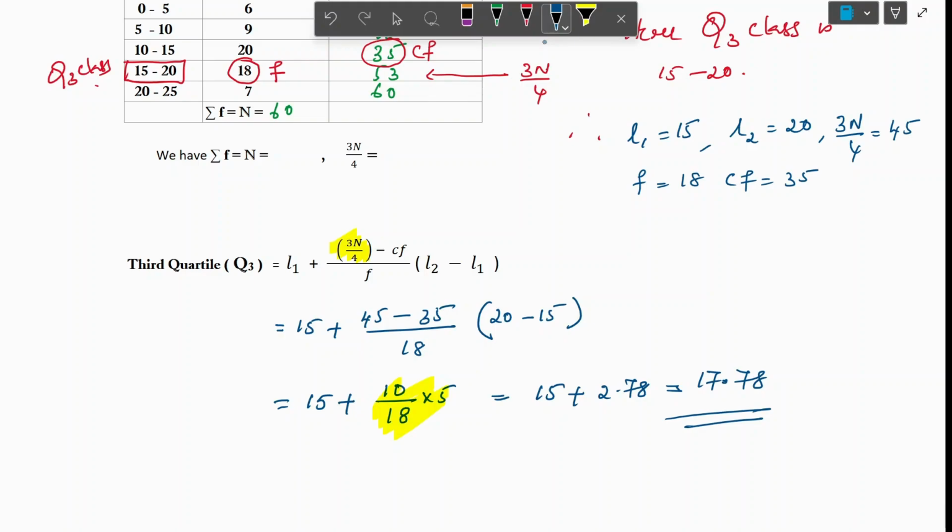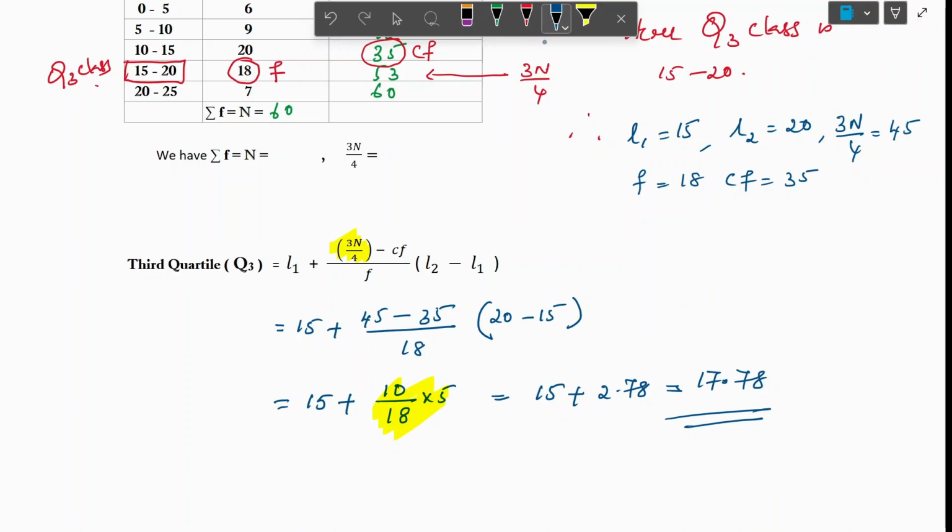Here Q2, that means the second quartile, is also called as your median. Therefore, the method which we have already solved for median, make sure that you are doing these calculations properly. Just learn that formula and learn how to locate L1, L2, F and CF. F means the frequency corresponding to that particular class.